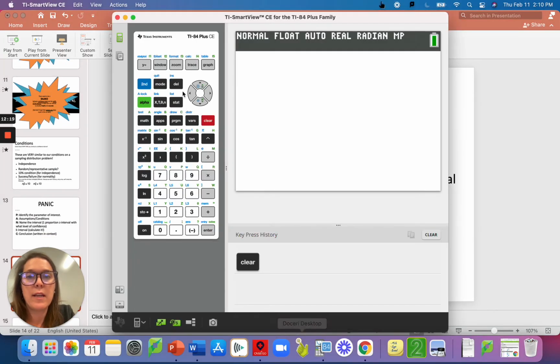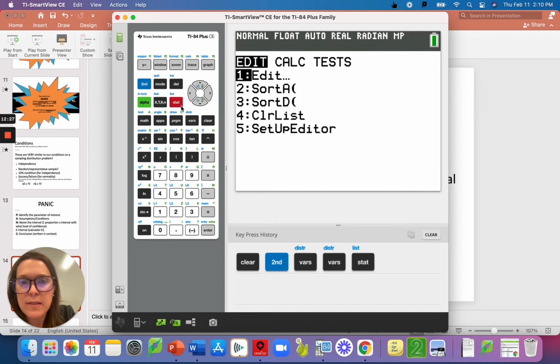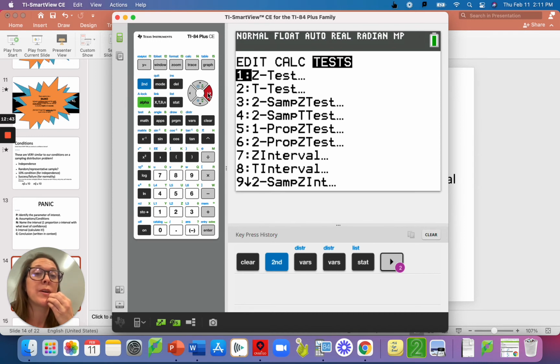So if you have your calculator out, if you hit second vars, nope, that's not what I want. Stats, there we go. We haven't hit this stat button in a while. Okay, so remember with stat edit, that gets you into the list so you can make all your lists. Stat calc, what have we used so far? We used one variable, stats, right? But what we're going to be going over to is where all the tests are.